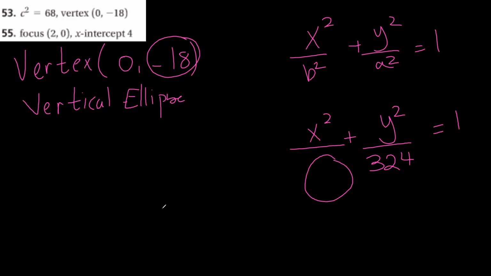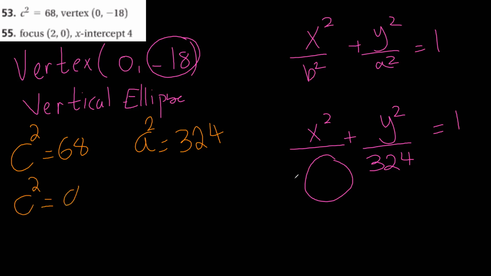So c squared is 68, it is given. And I know now a is 18 and a squared is 324. Can I find b now? Yes. 68 equals 324 minus b squared.